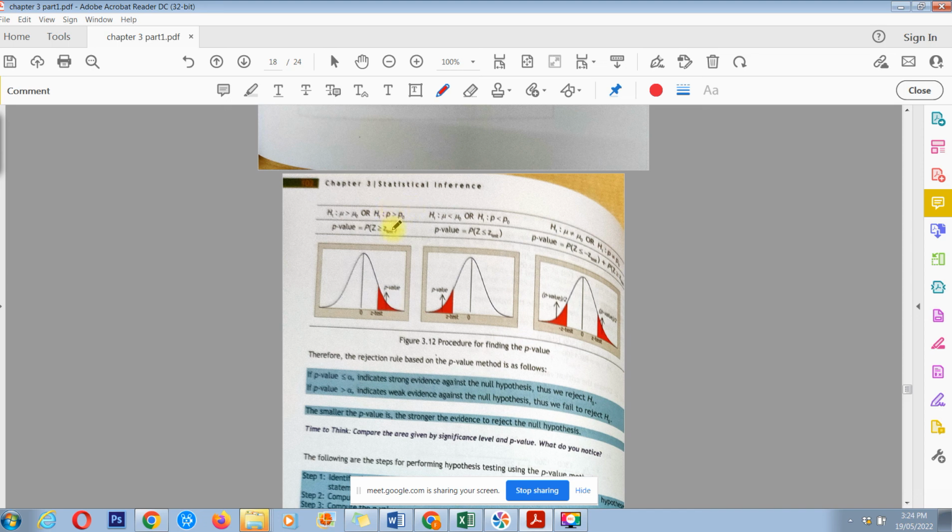So the p-value is P of Z greater than or equal to Z test.